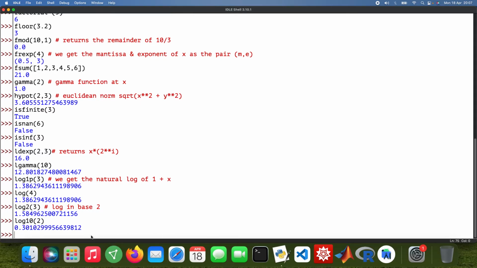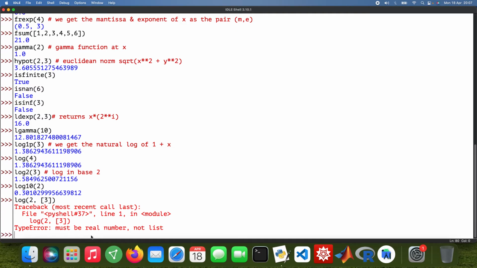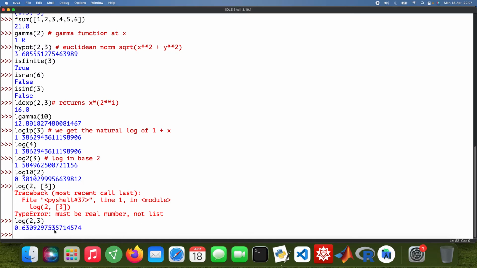And then you can specify a base that you want. So log, and then I'll say 2, and the base will be, let me say 3. Here we go, so log in base 3.